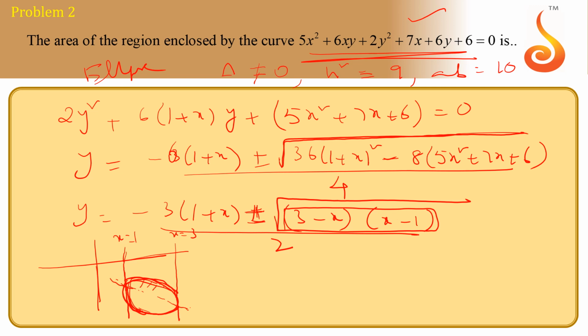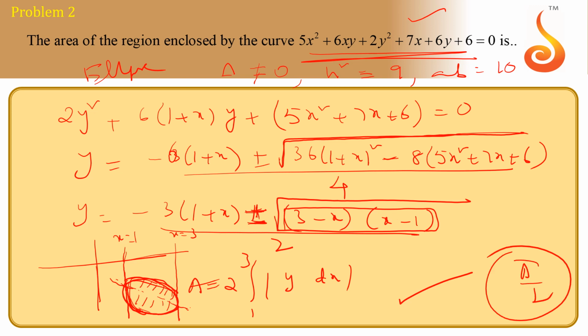So any one function, either the plus part or the minus part, you take from 1 to 3 of y dx with the modulus, and 2 times of that will be the required area. You will get the answer as pi by 2. See, try to understand here.